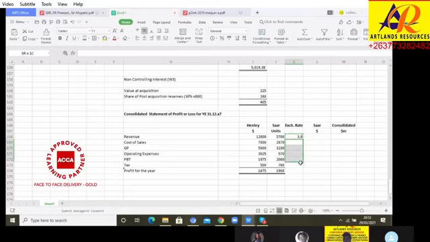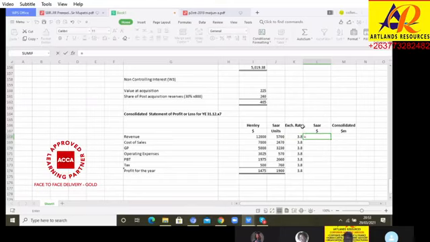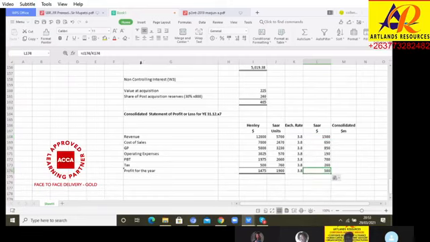Everything is translated at 3.8, equals this over this. I'm getting 500. Consolidated, notice how easy it is.